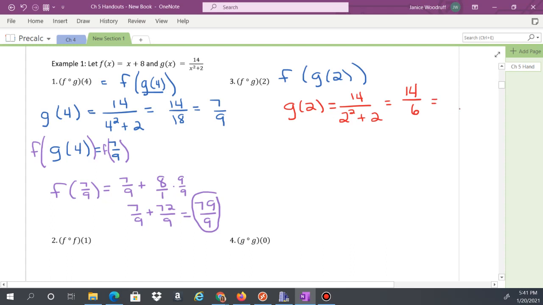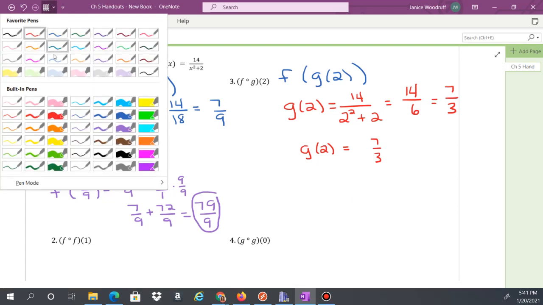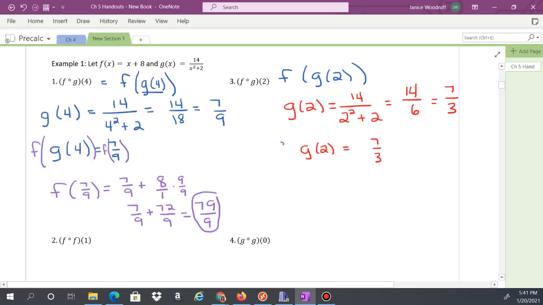That reduces, dividing by 2, to 7/3. So g of 2 equals 7/3. Since I'm doing f of g of 2, I'm going to take the f and plug in 7/3.